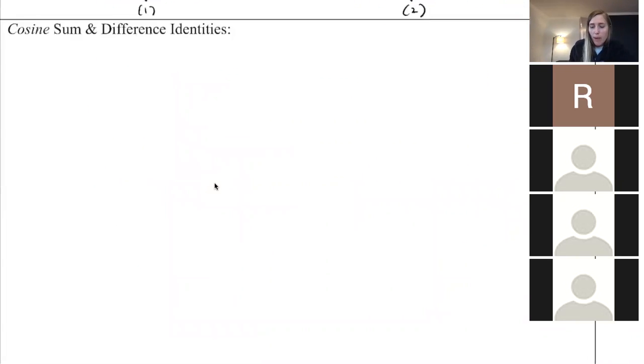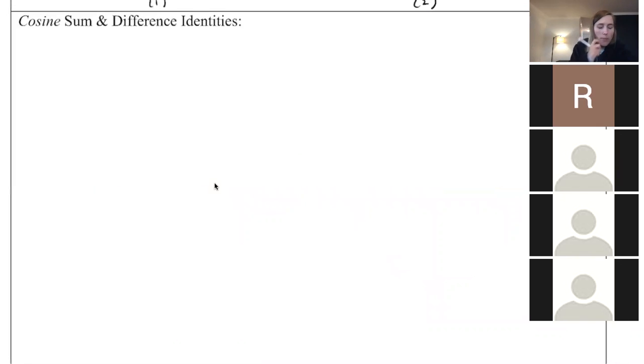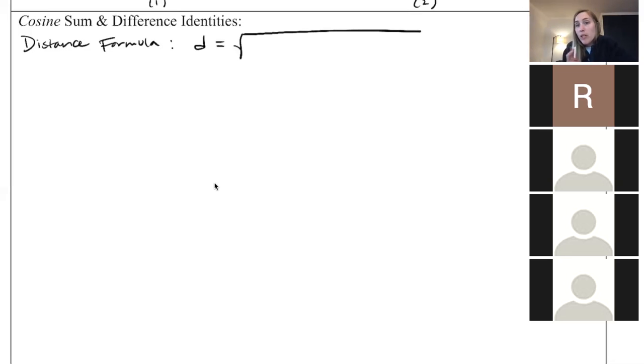Okay, so leaving that picture for just a second, I want to remind you of the distance formula. Sure, everyone still remembers the distance formula. The distance between 2 points in the XY plane is the change in the X coordinates squared plus the change in the Y coordinates squared.